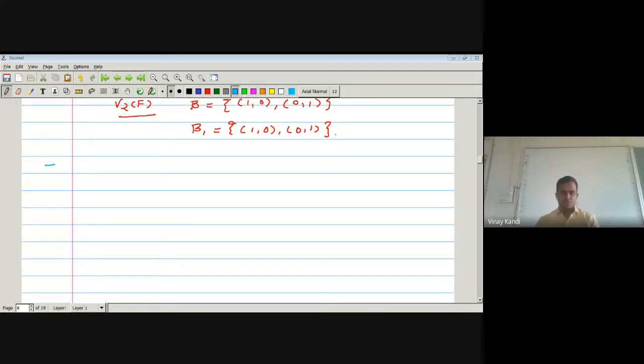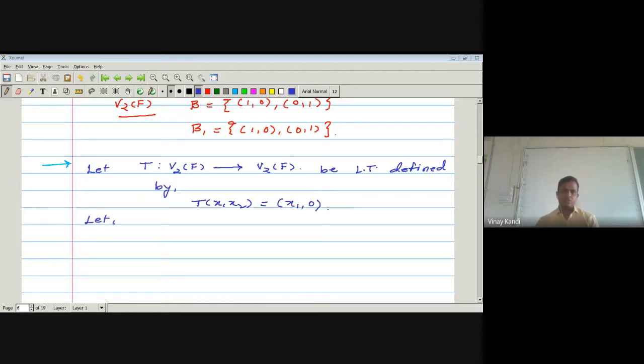Answer. Write down all the things first. Given, T is the linear transformation from V2 over F to V2 over F, defined by T of (x1, x2) equals (x1, 0). Let beta equal the standard ordered basis (1, 0) and (0, 1).